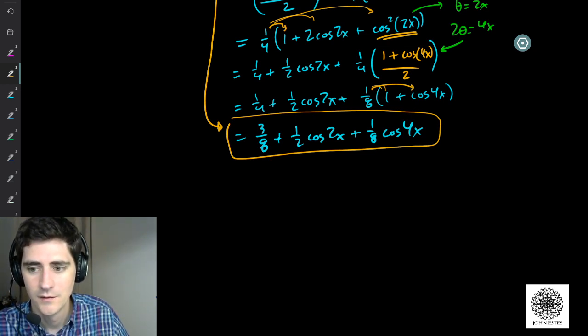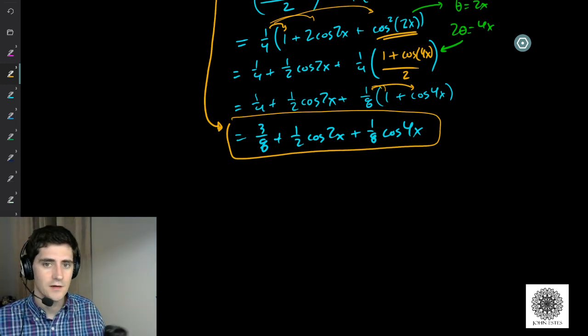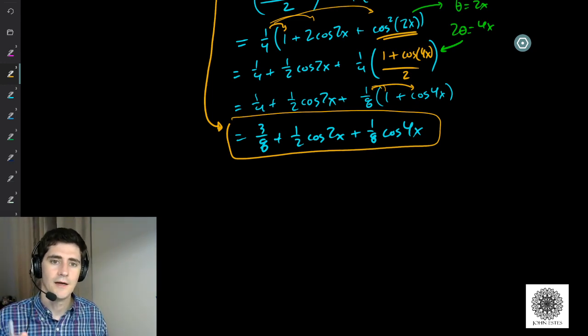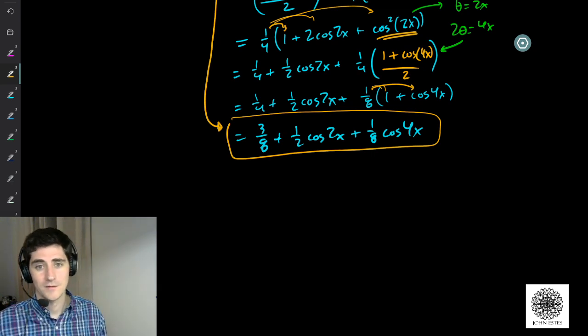Alright, now what we're going to do is switch gears, going from double angle now to half angle. How do I go from theta to theta over 2?